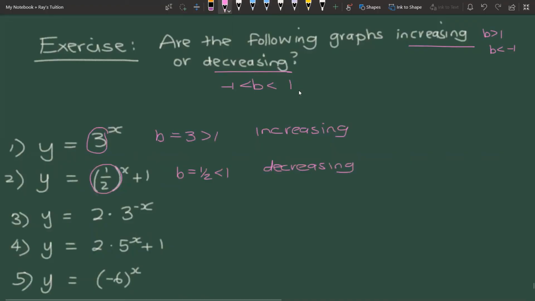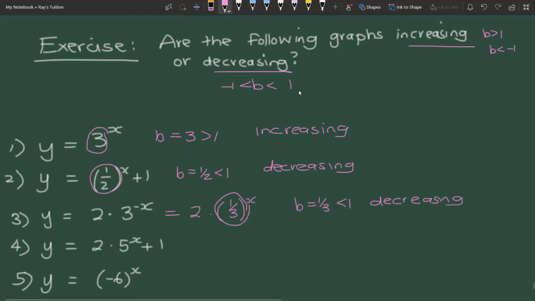For this one over here, it's a little bit tricky. We have 3 to the power of -x. And 3 to the power of -x, you should know from your exponent laws, you can write as (1/3) to the power of x. Now we can see that the base of the x is 1/3, and 1/3 is less than 1, so this here again is decreasing.